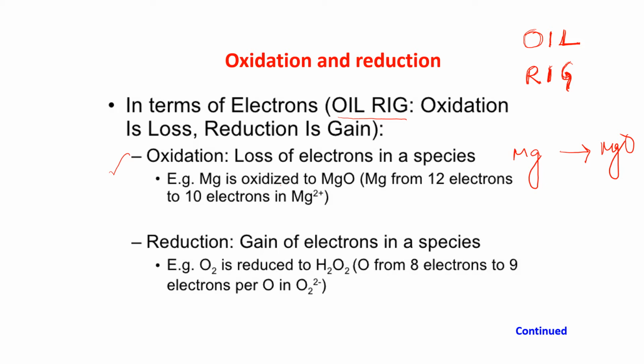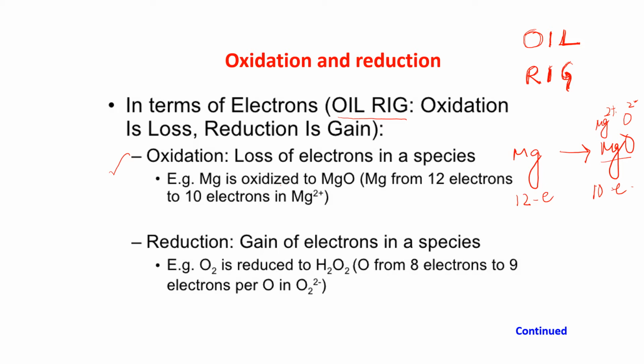So Mg is having 12 electrons. You all know that it is having 12 electrons. Now if we check here, this is having 10 electrons because this is forming Mg2+ and O2-. That means it is Mg2+, and Mg2+ is nothing but 10 electrons.